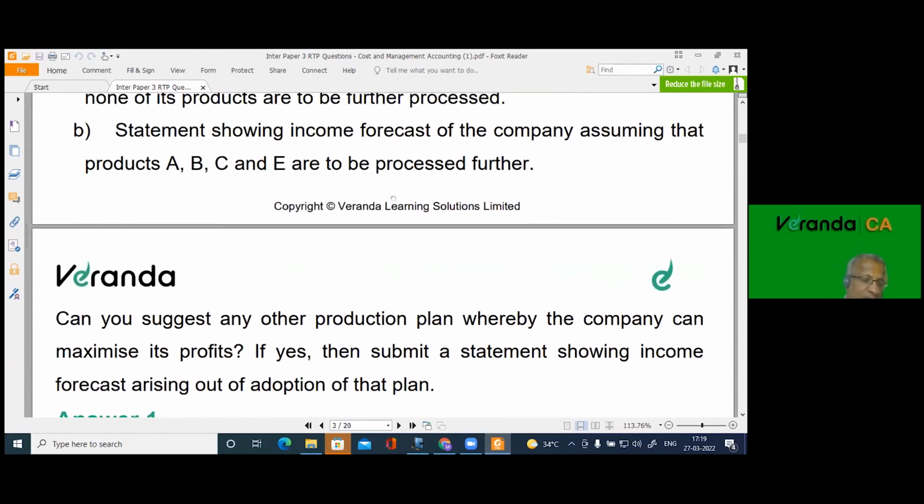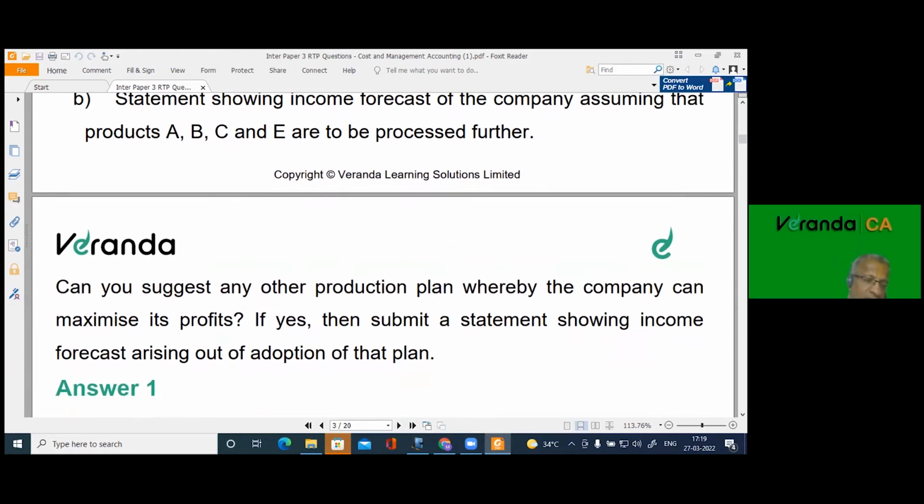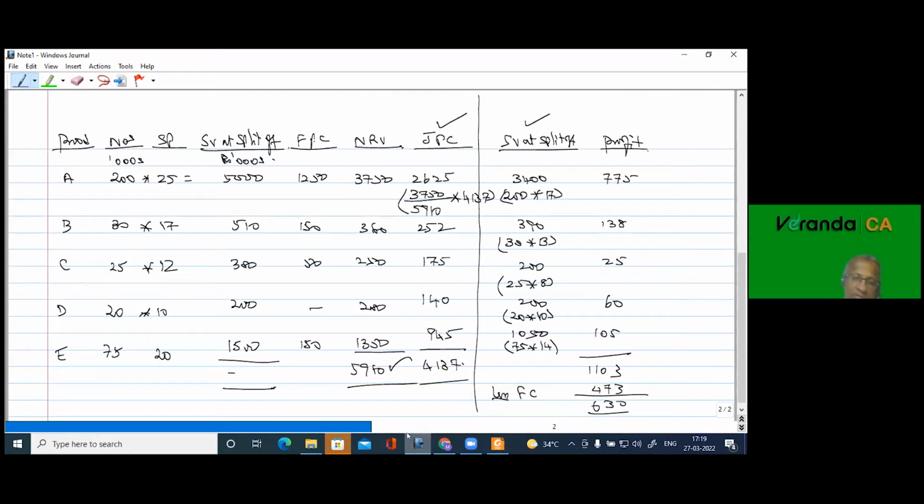Answer for the second part of the question. They are processed further. So, given the second part of the question, we can answer. This is profit for A, profit for B. How do we arrive at the net realizable value from which the joint process cost can be deducted?